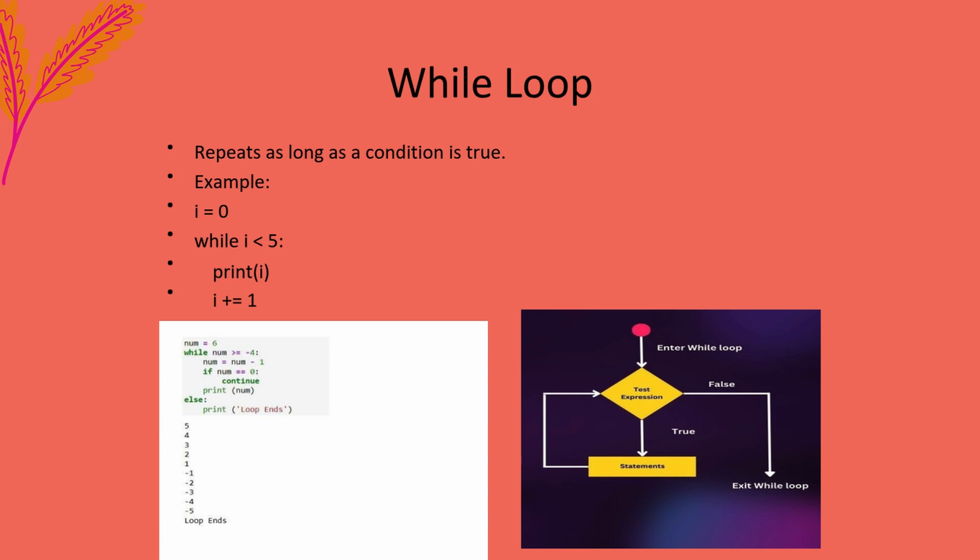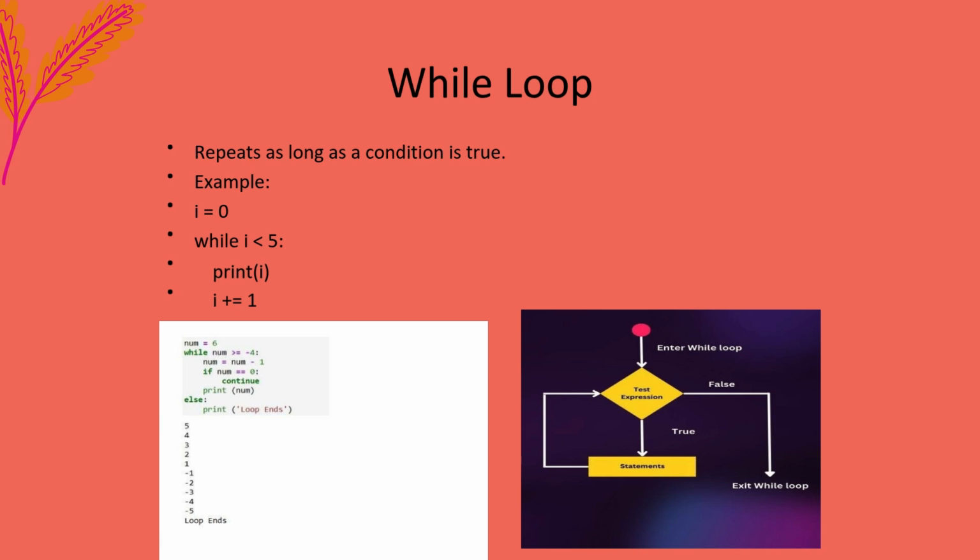The while loop is very useful when waiting for user input, monitoring changes in data, repeating something until a goal is reached, running infinite loops that break under specific conditions. But with great power comes responsibility. If the condition in a while loop never becomes false, the loop will keep running forever. That's called an infinite loop. And we usually want to avoid that unless we control it with a break statement.